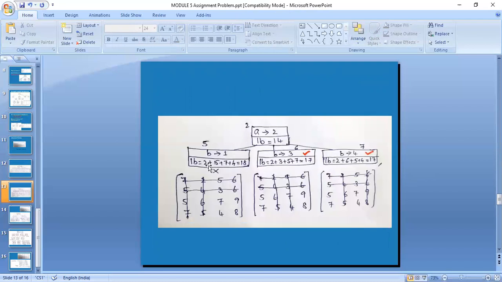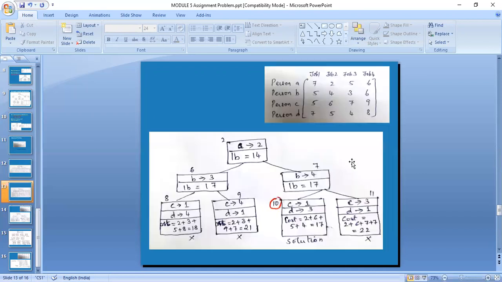Now, when you go ahead, you will be getting 3 choices for B, B with 1, 3 and 4. Among 3 and 4, both are having 17. So both are considered to be the most promising and they have to be generated further. When you are generating it further, whichever gives you a least value will be your solution.